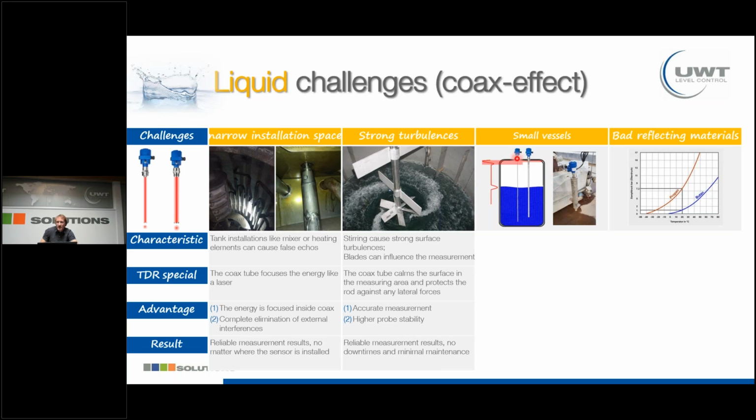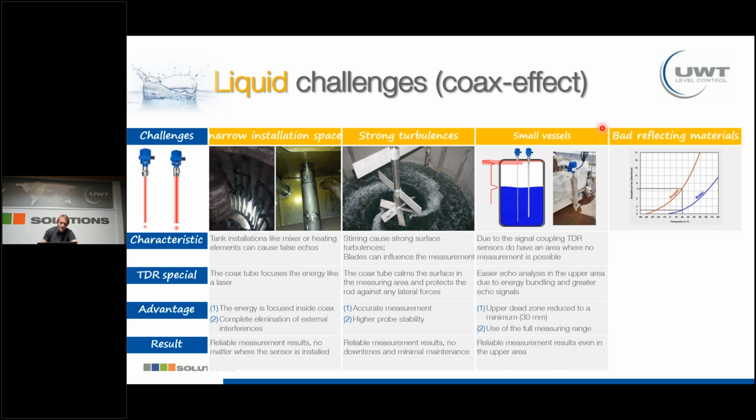Third point, small vessels. As you can see here, this vessel is very small, half a meter. TDR sensors normally have a dead band in the upper area where no measurement is possible. This is reduced by using a coax probe to a minimum of 30 millimeters, and with this 30 millimeters it's possible to measure up to nearly the top of the vessel, or the process connection.